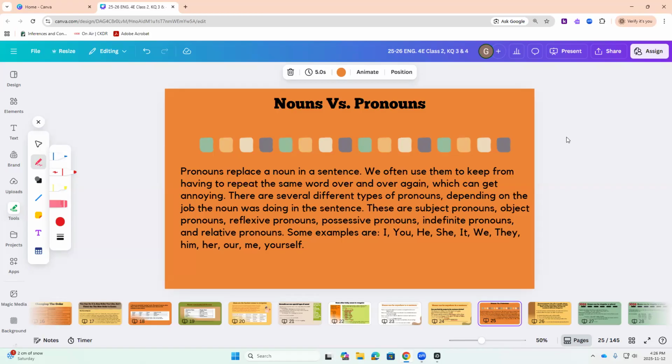There are actually several different types of pronouns, depending on the job the noun was doing in the sentence. There are subject pronouns, object pronouns, reflexive pronouns, possessive pronouns, indefinite pronouns, and relative pronouns. Some examples of pronouns are things like I, you, he, she, it, we, they, him, her, our, me, or yourself.